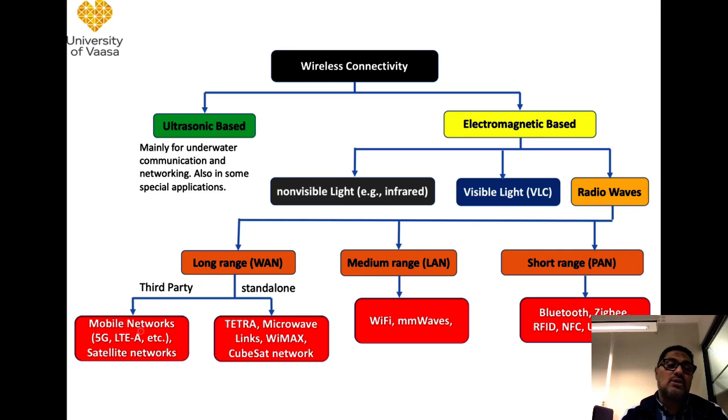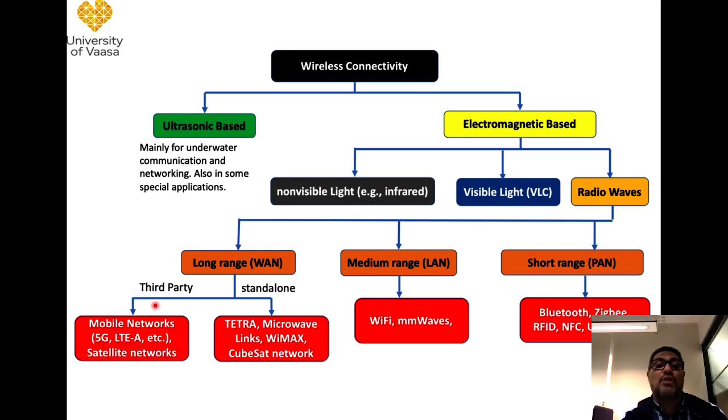In the third party case, you can simply use the mobile network like 5G, LTE, and so on, or you can also use satellite networks. But of course, the infrastructure of these networks is owned by mobile operators.